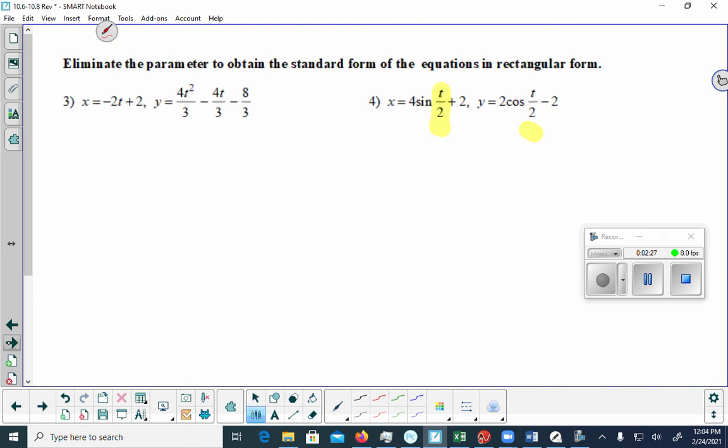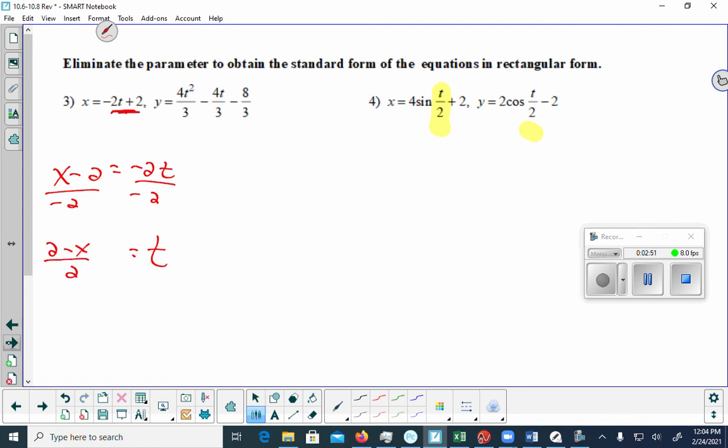Then the next one, we want to eliminate the parameter, so we're trying to get rid of the t. So I'm going to take this equation because it's the easiest one for me to solve for t. I'm going to have x minus 2 is equal to negative 2t. Divide both sides by negative 2. I'm going to write t is equal to 2 minus x over 2.